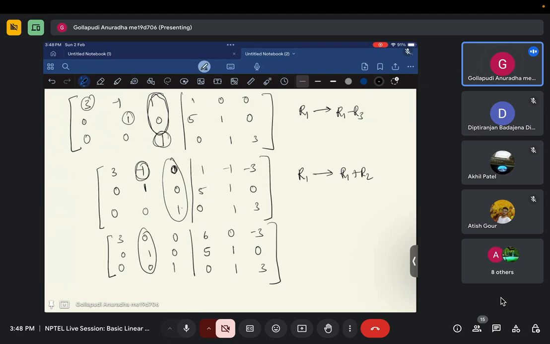even this is sorted. So now I want to make this as 1 because I want to convert this to the identity matrix.